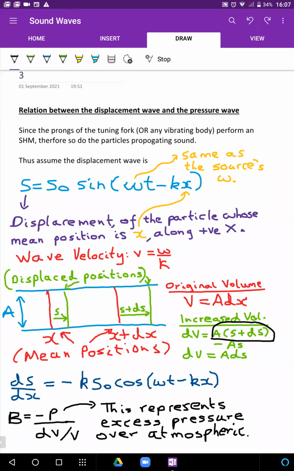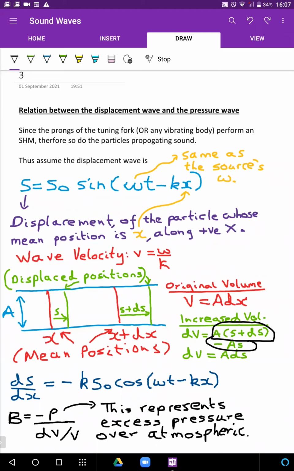It decreased by A into s. It's quite clear to see how the length between the two lines has increased by s plus ds and decreased by s. So it has basically increased by ds. The length between the two vertical lines has basically increased by ds.